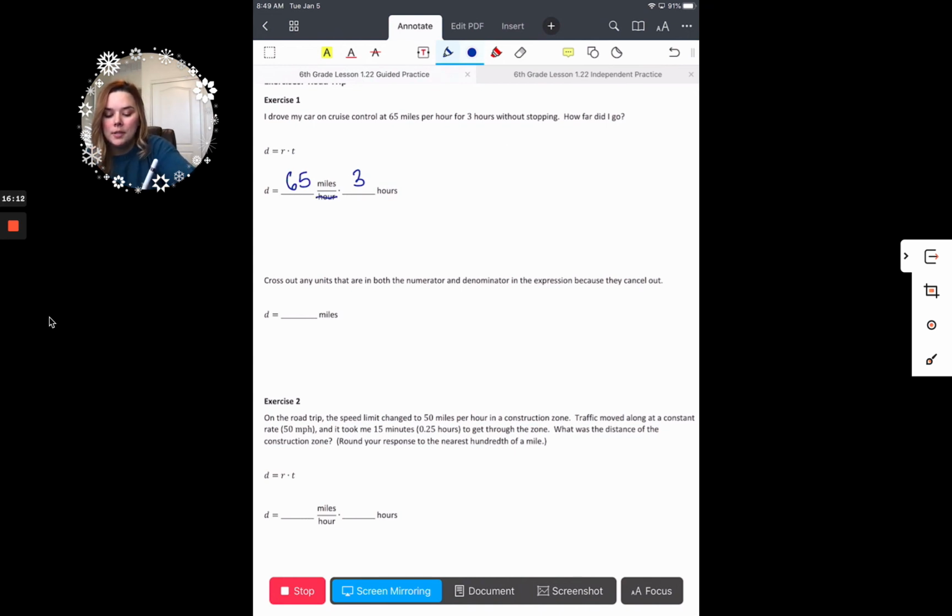Well, our hours cancel each other out, so we're left with just miles. So we are just multiplying 65 times 3 to find how many miles. We multiply that out. We get 195 miles. So at that constant rate of 65 miles per hour for 3 hours, you'd go 195 miles.